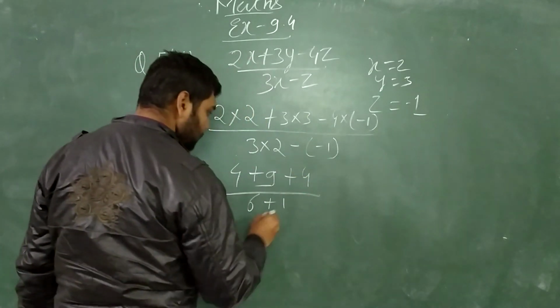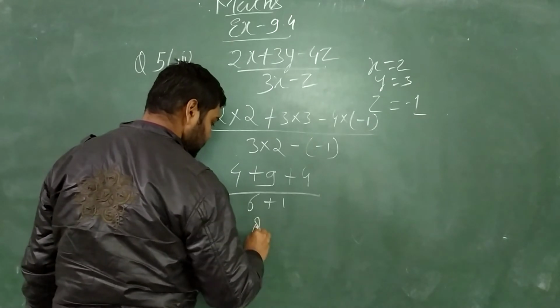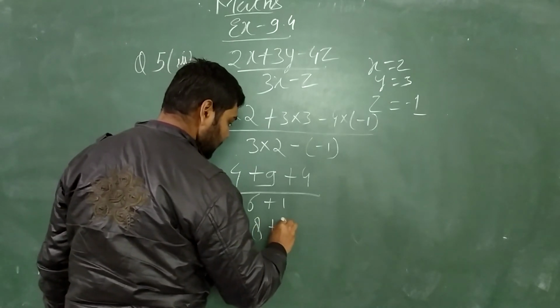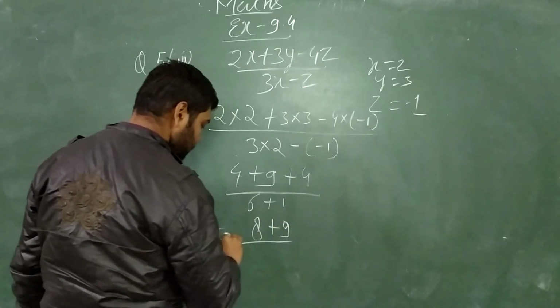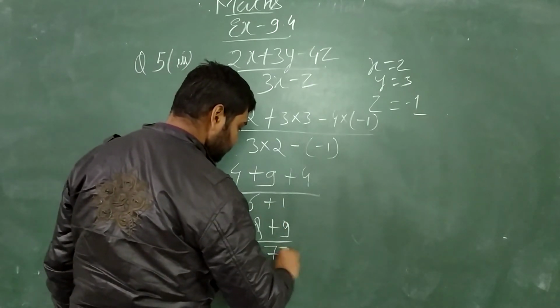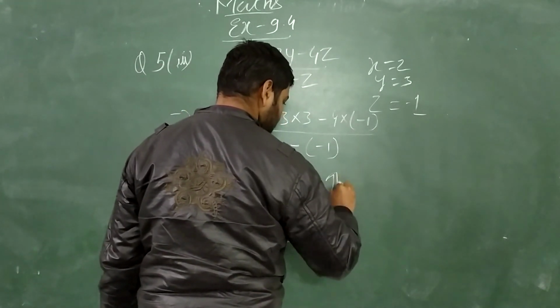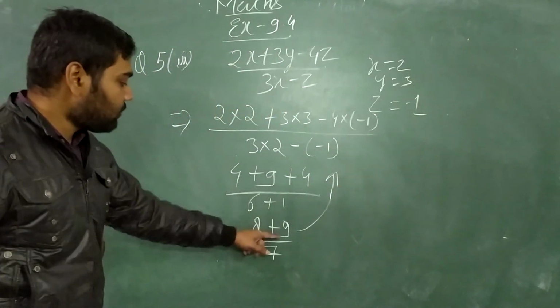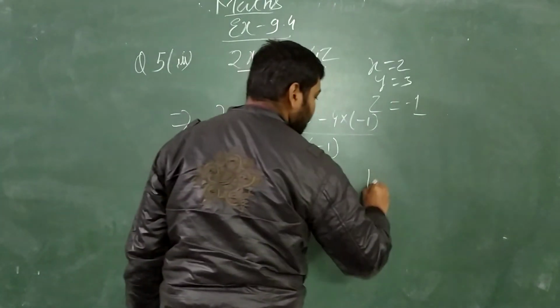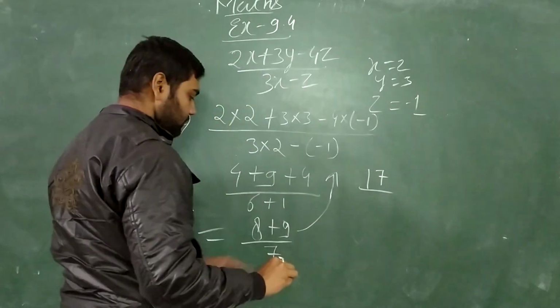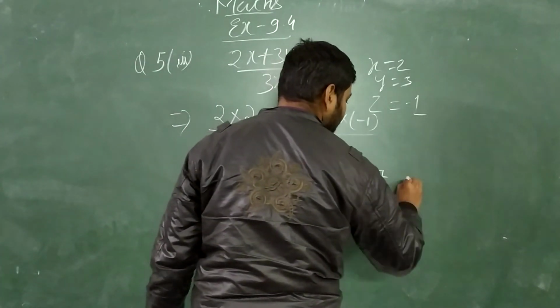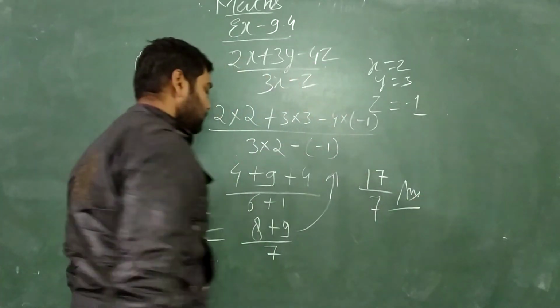So now what happened? 8 plus 9 upon 6 plus 1, 7. Now what we will do? 9 plus 8 will give 17 upon 7 is the answer.